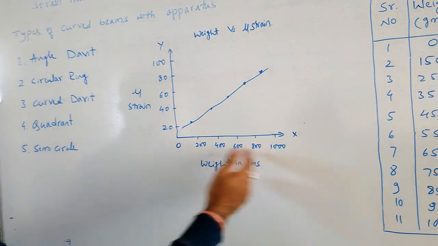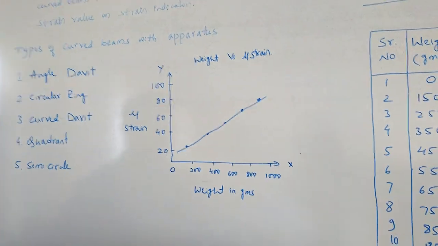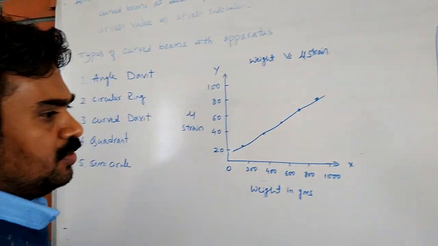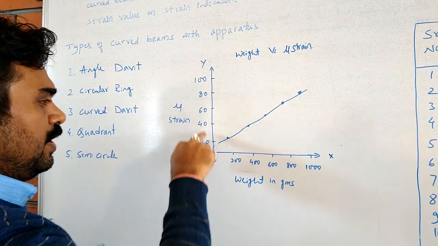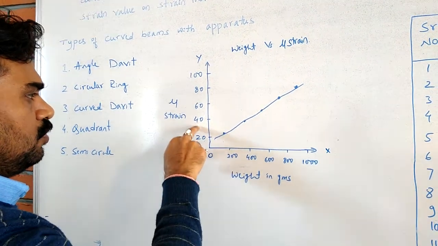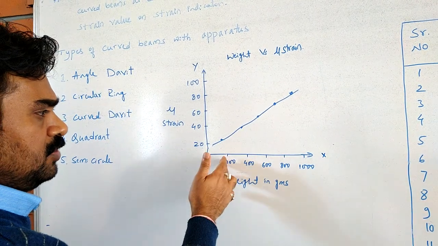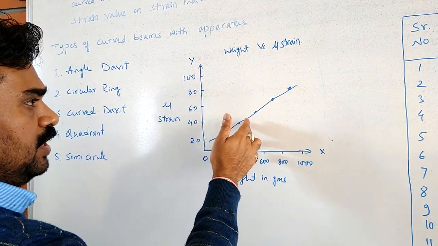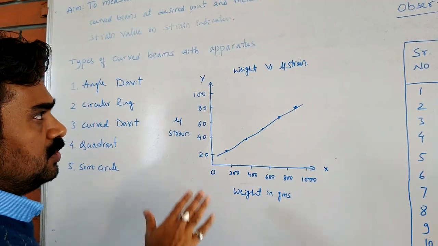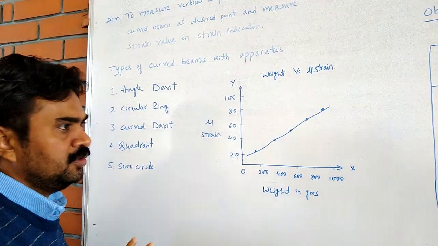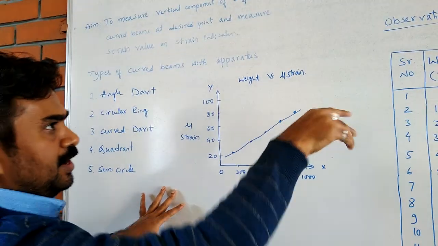On the y-axis you consider the microstrain 20, 40, 60, 80 and 100, and for the different weights you plot the indicated strain on the graph. This completes the weight versus microstrain graph and the set of experiments for the angle debate.